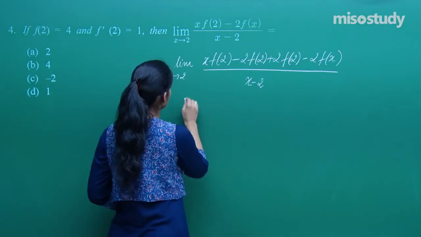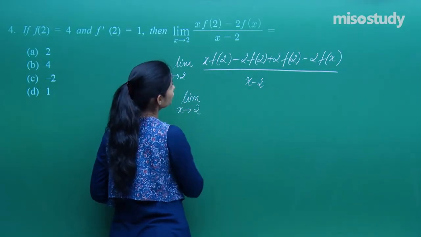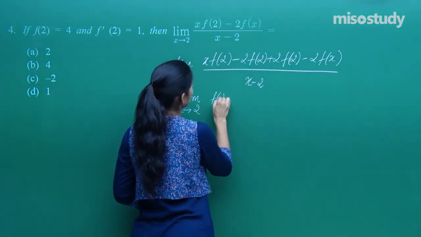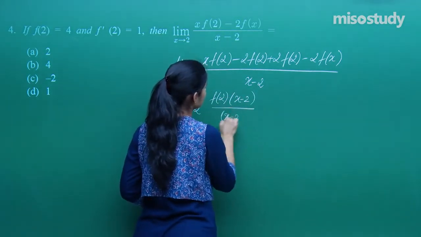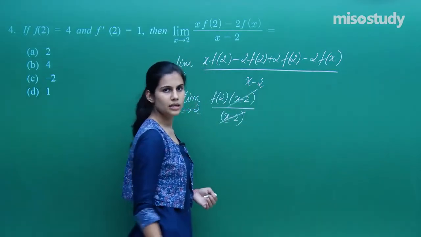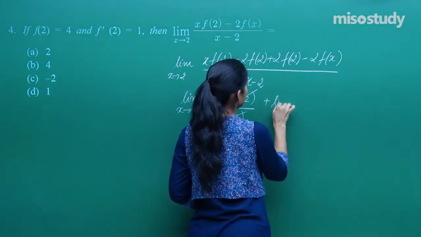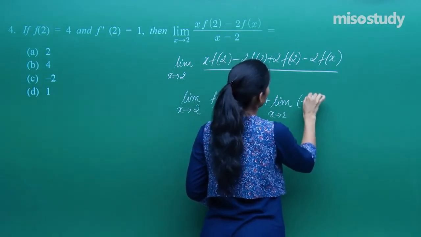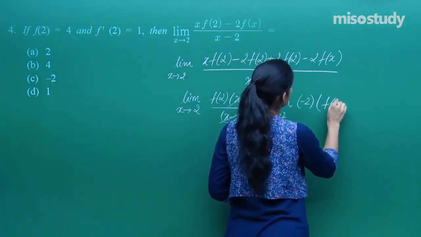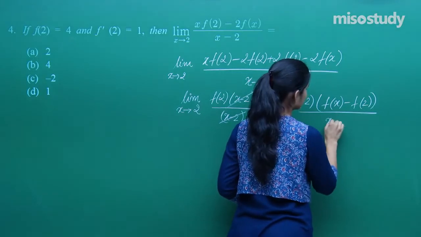Clear? Now this becomes what? This is limit x approaches 2. You can take out f of 2 common from here. You are left with x minus 2 whole upon x minus 2, plus limit x approaches to 2 minus 2 f of x minus f of 2 upon x minus 2.